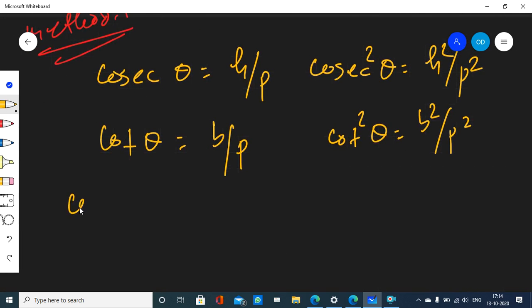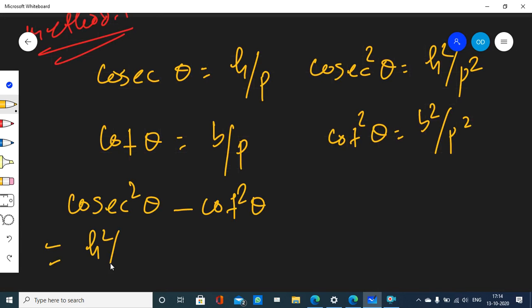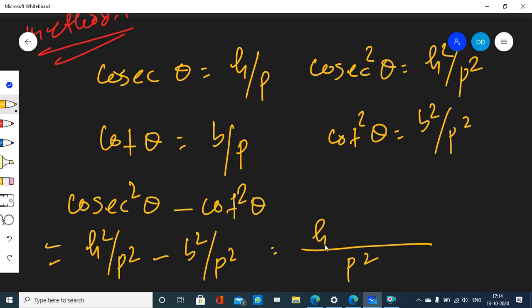Well then, cosec square theta minus cot square theta is what? Cosec square theta is h square by p square. Cot square theta is b square by p square. What shall I take as the LCM? P square, because same denominator. On the numerator, h square minus b square.